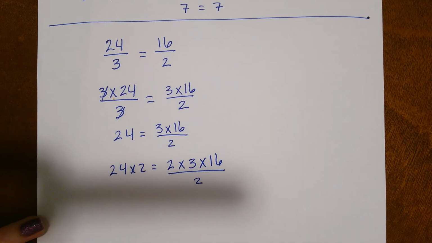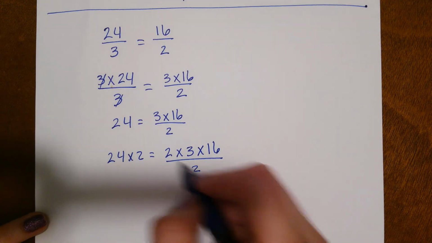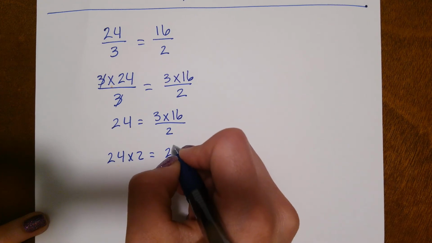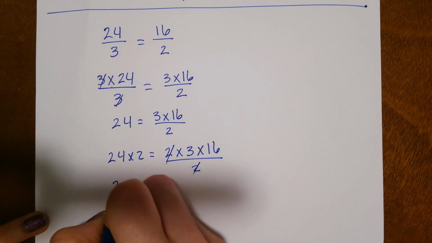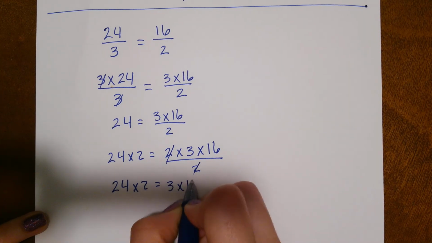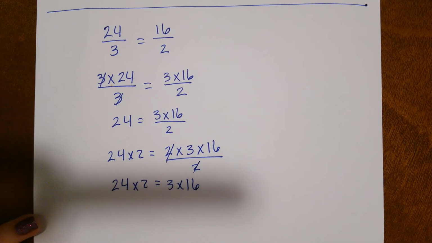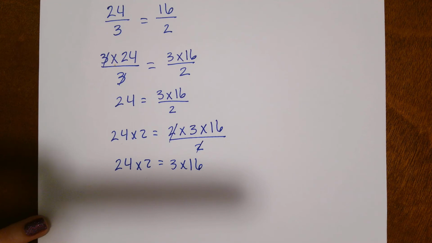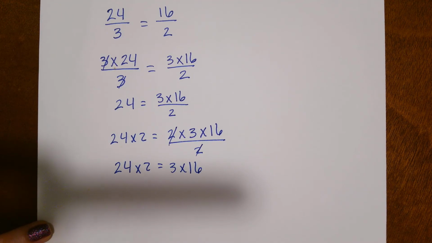And again, I have a common factor here, so I'm going to cancel that out. So I get 24 times 2 is equal to 3 times 16. And I want to check, do these still land at the same spot? 24 times 2 is 48, and 3 times 16 is 48.